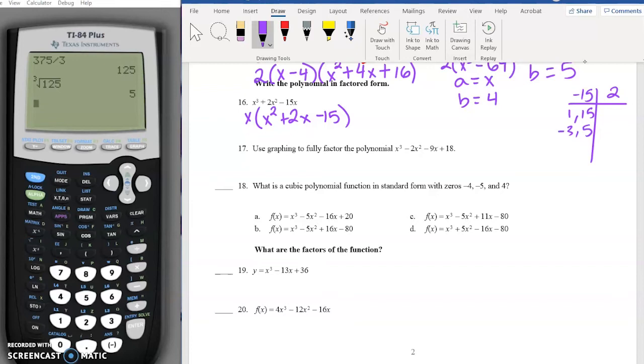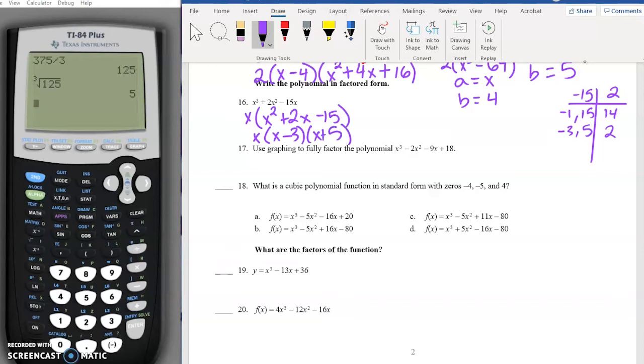I want the smaller number to be negative because I'm looking for a positive sum. So 1 and 3, that would get me 14. Doesn't work. This gets me 2. So this one is actually factorable by hand, but again, you can always double check in the calculator. So this will be x, and then x minus 3, and x plus 5.